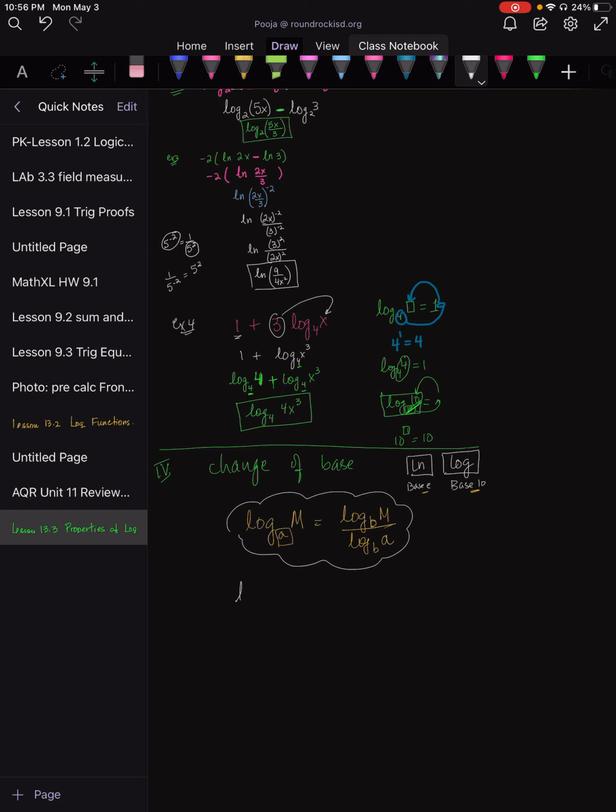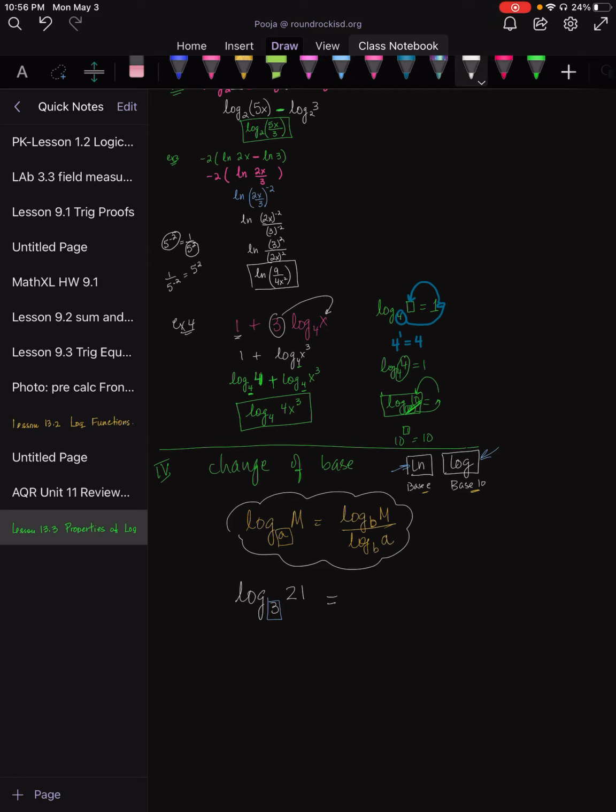For example, if I have, let's say, log base 3 of 21, and I'm like, oh, I don't have Desmos, so how do I even evaluate this? Because the log button is base 10 and this one is base e, but I have base 3, so how do I use the calculator?